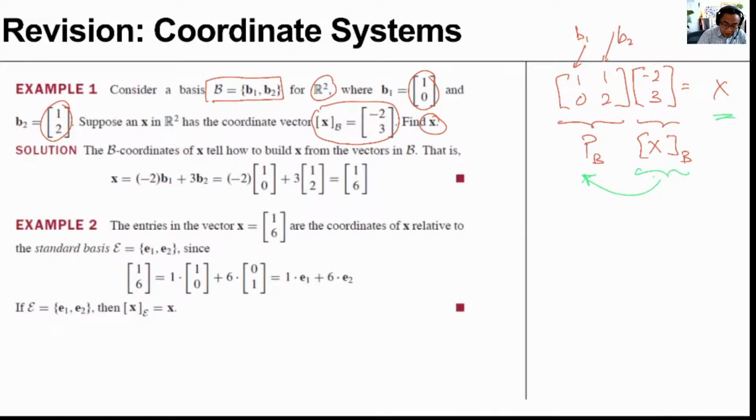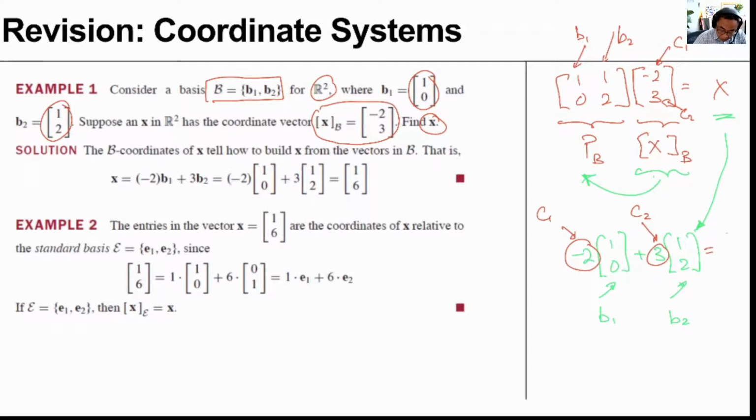So this is how we calculate this, and x therefore is nothing but -2 times (1, 0), this is B1, plus 3 multiplied by (1, 2), this is B2, and the weights are C1, which is here, and C2, which is here, equals, the answer is (1, 6).